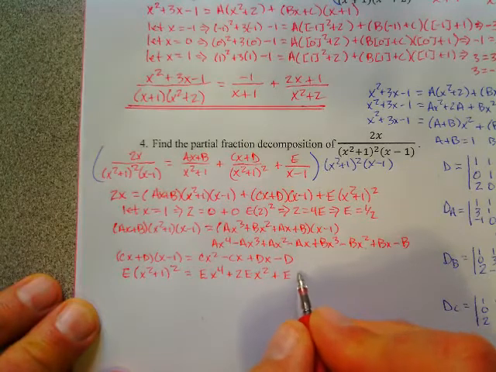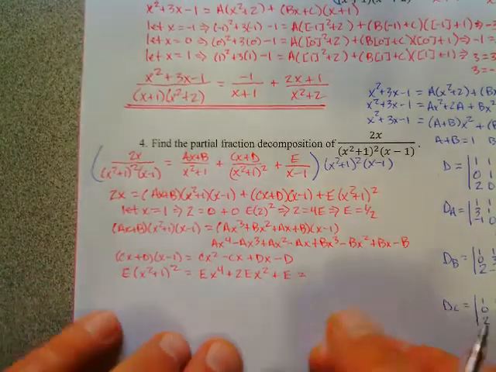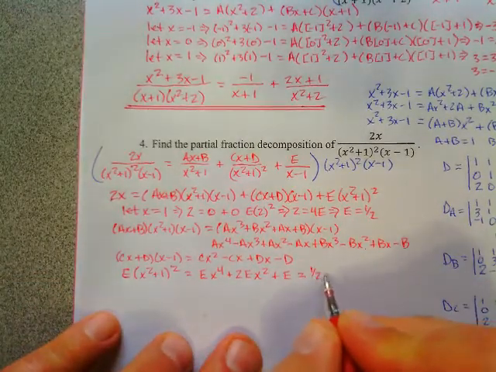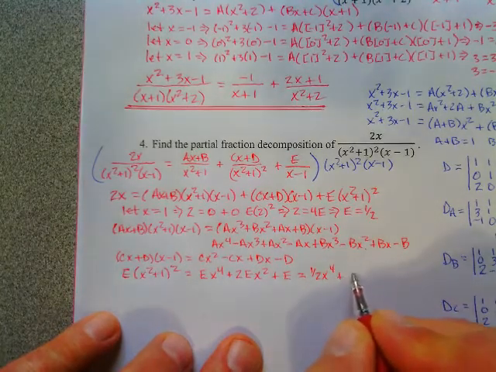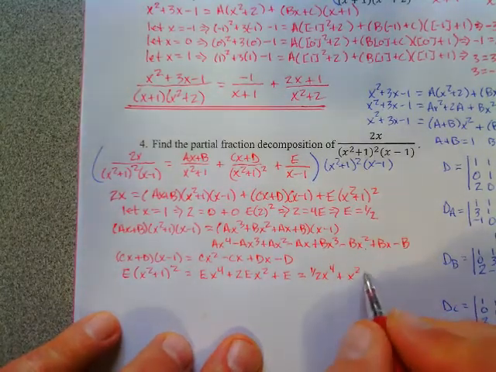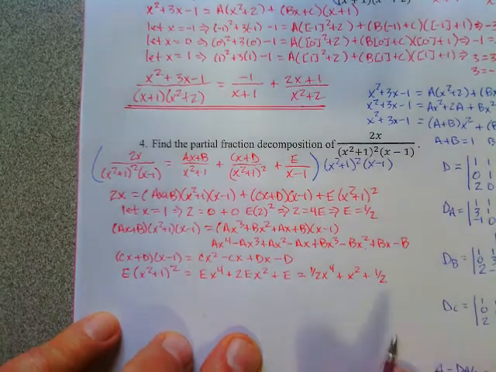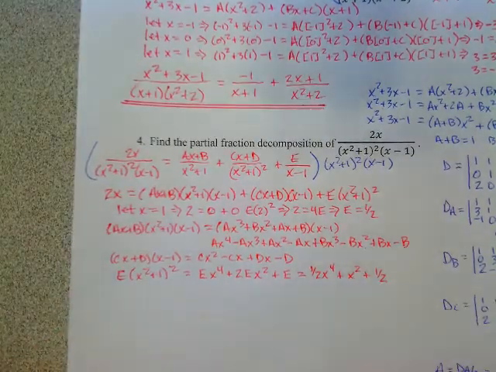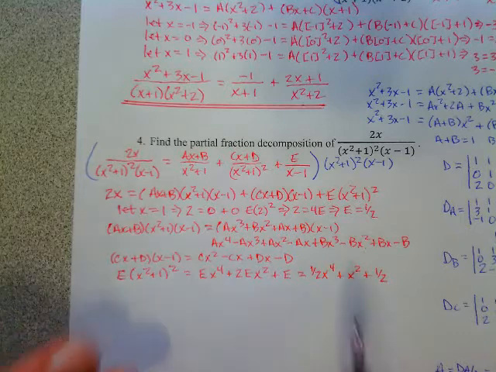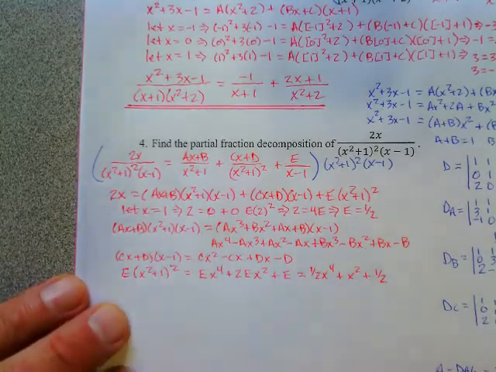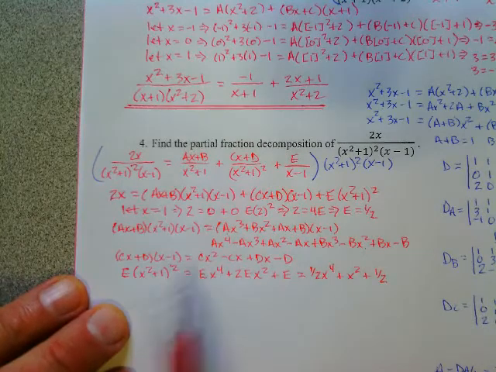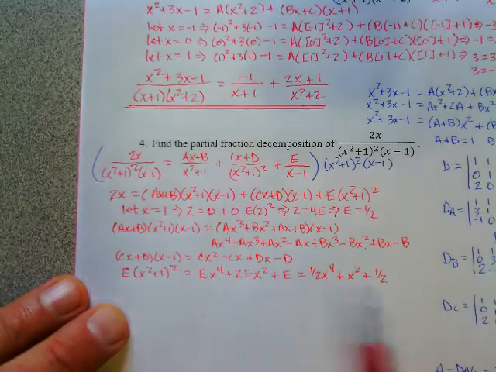But since we know what e is already, that is going to be 1/2 x to the 4th plus x squared plus 1/2. Alright, so I took the first part and expanded it, took the second part, expanded it, took the third part and expanded it.